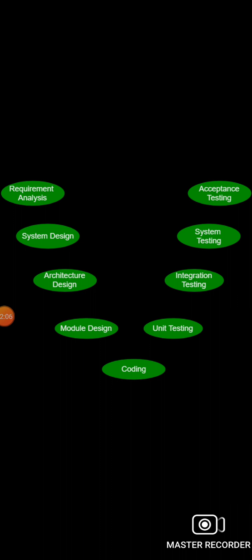The first phase is the analysis phase, meaning the requirement analysis phase. This is the first phase in the development cycle, where the product requirements are understood from the customer's perspective. This phase involves detailed communication with the customer to understand his expectations and accept requirements.